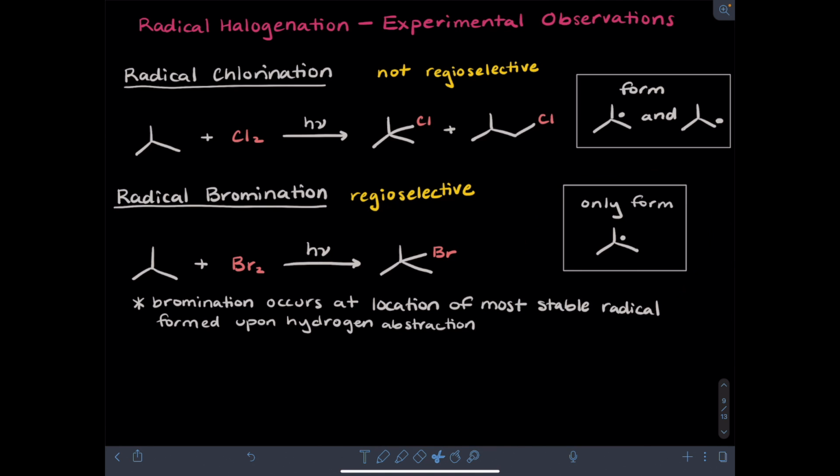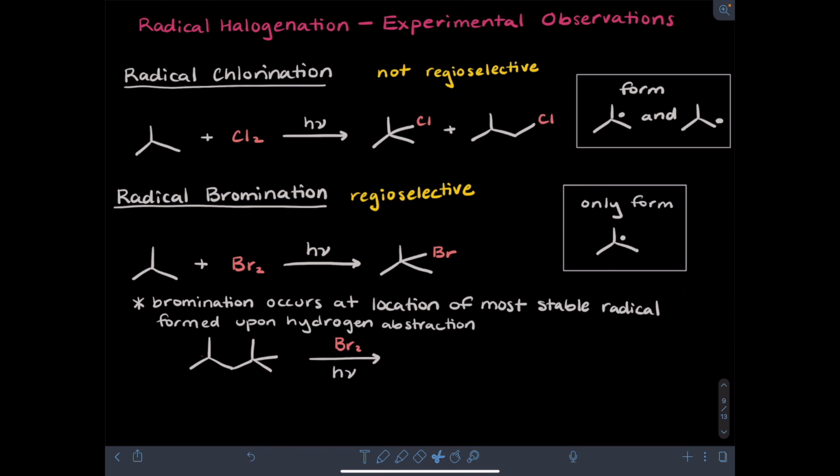These considerations are important when you're going to predict the products for a radical chlorination or bromination. What you should do in the case of bromination is look for the location of the most stable radical that could form upon hydrogen abstraction. So for example, let's consider the following starting material being treated with Br2 in the presence of light.